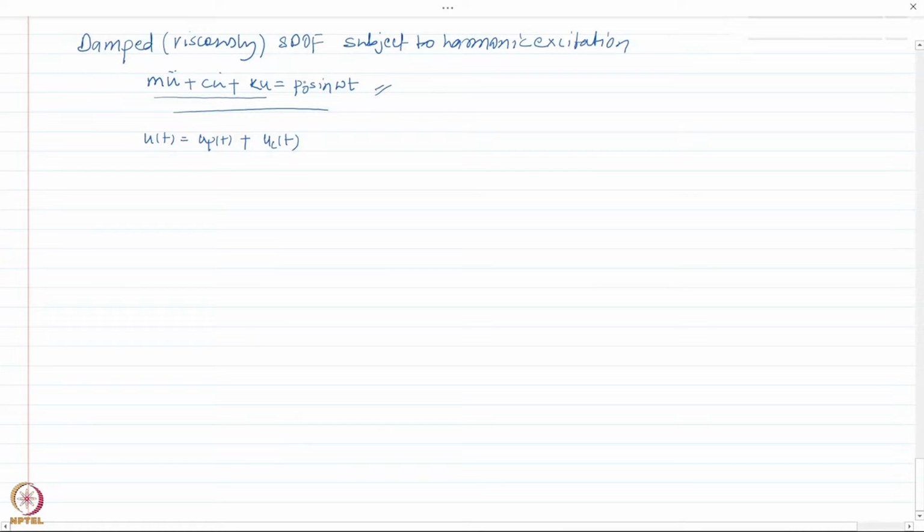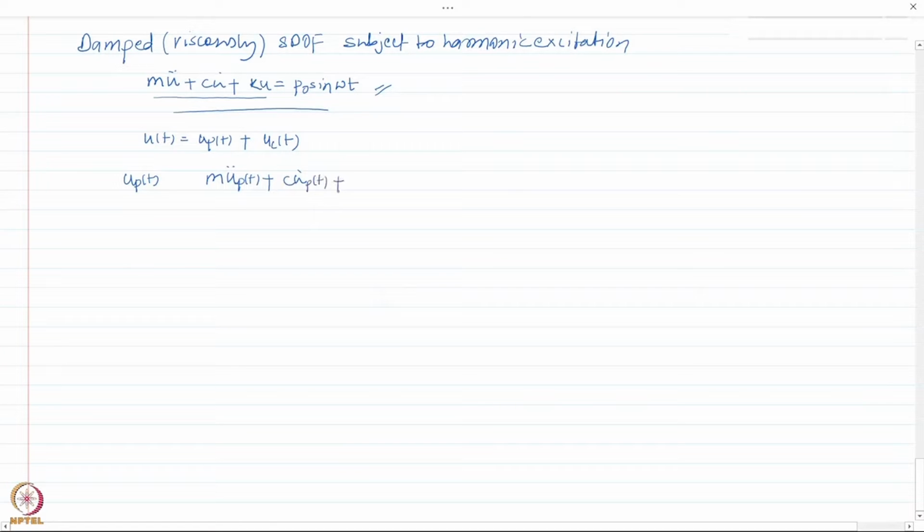Let us first look into the particular solution. What we basically want is the expression for u p of t, that should satisfy this equation that I have here.